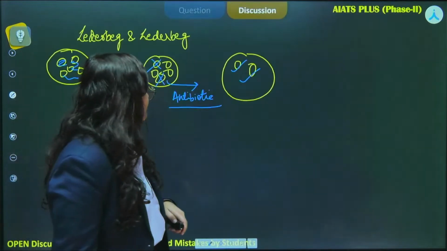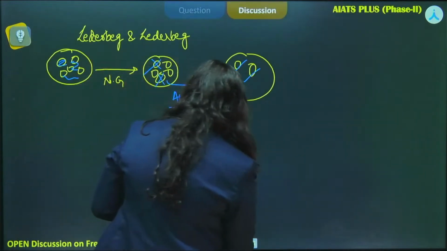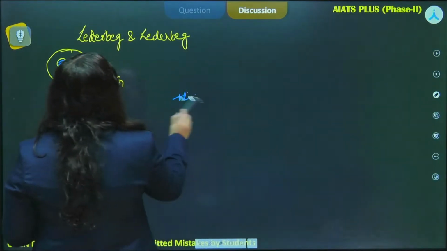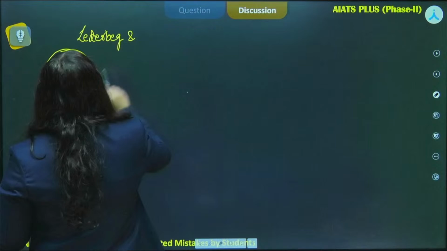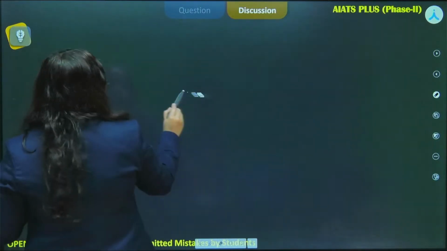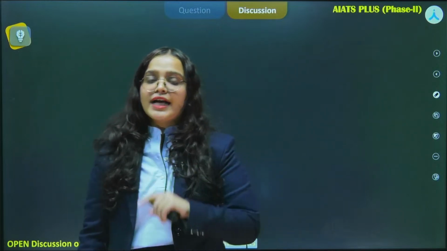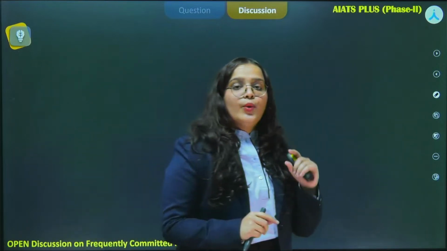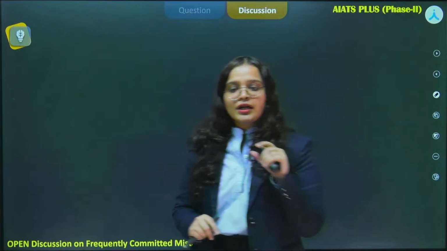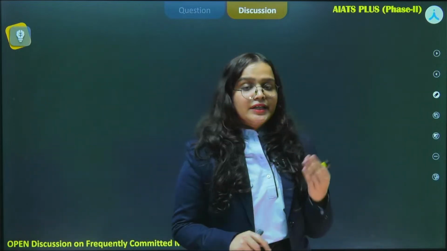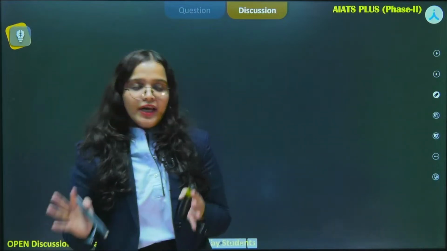All right. So basically we are trying to say that natural selection will also affect the genetic equilibrium in a population, because natural selection is operating to eliminate a particular gene which is not suitable to survive in an environment.